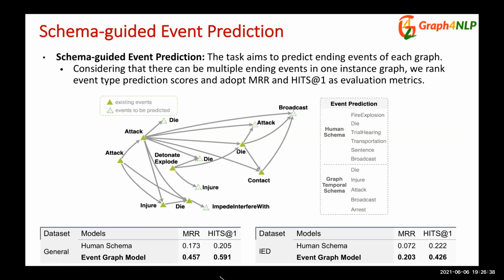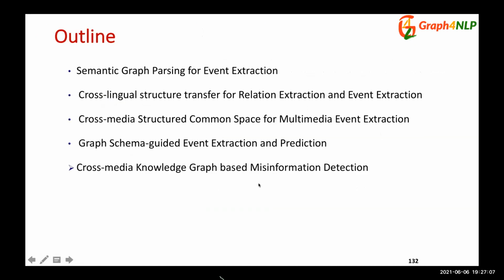But the problem here is this attacker is not arrested yet. So unlikely there will be a child hearing or sentence event that will happen next, right? So our graph schema can predict arrest first, and then there might be some broadcast event, maybe some die and injury event following that attack event. So the accuracy is much higher than human schema because of these two reasons.